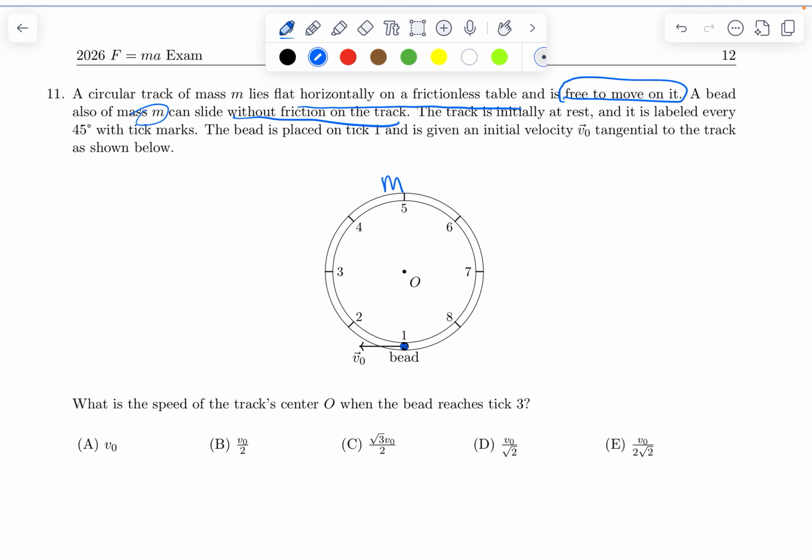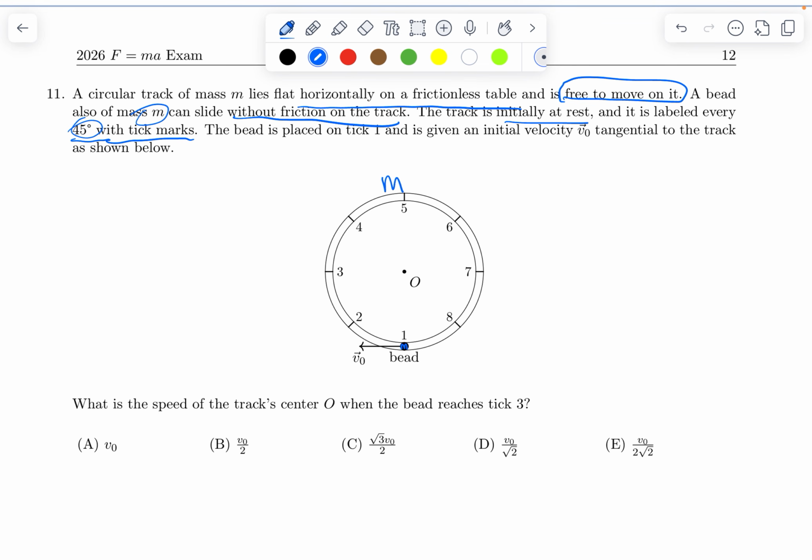The track is initially at rest, and it's labeled every 45 degrees with tick marks. The bead is placed on tick 1 and is given an initial velocity v0 tangential to the track as shown below. What is the speed of the track center O when the bead reaches tick 3?